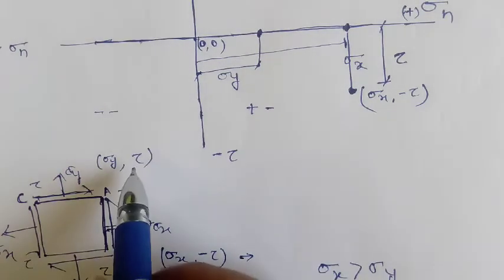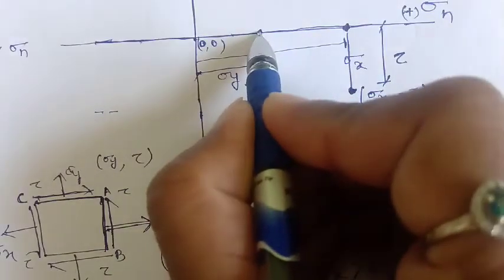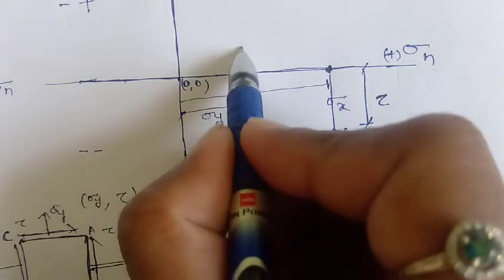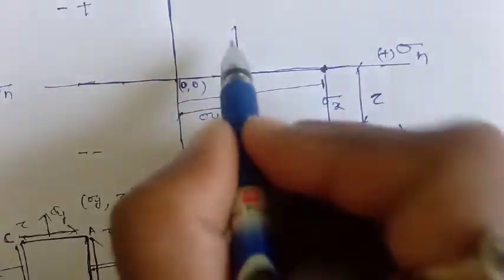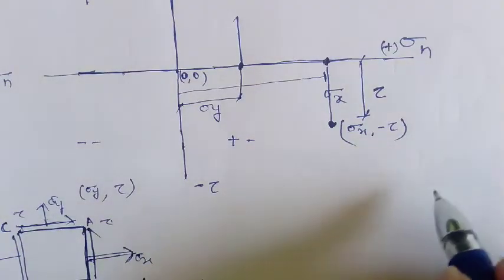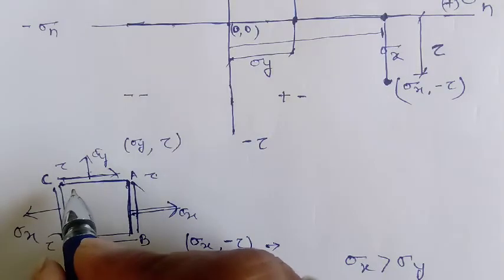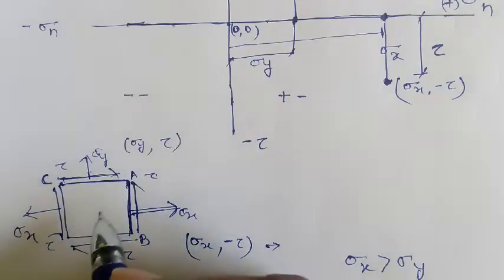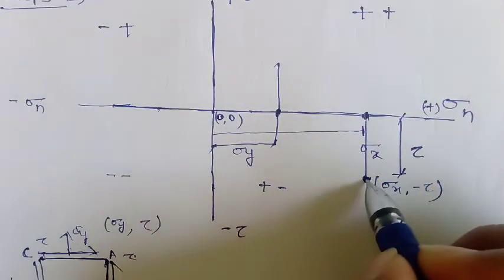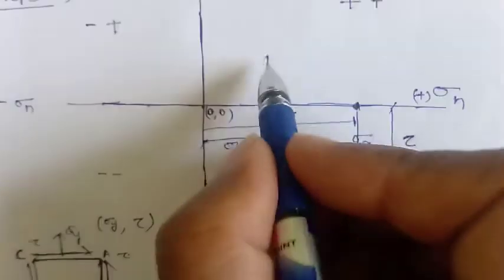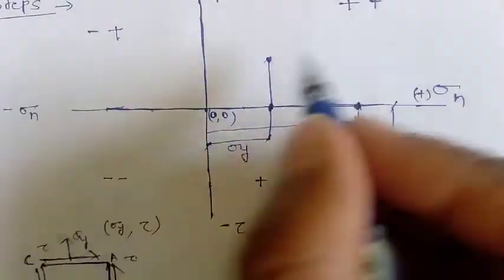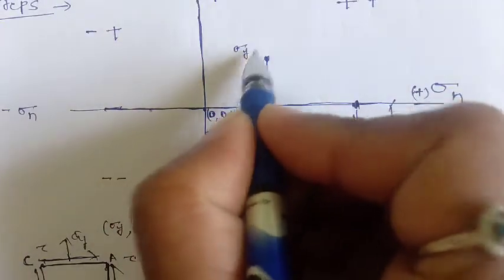What about the tau? Tau will be here, but it is positive, so it will go positive here. The magnitude of this tau will be the same. So whether it is an x plane or y plane, the value of tau will be the same magnitude. So whatever the length is here, the same length will be here. So this will be our sigma y and tau.